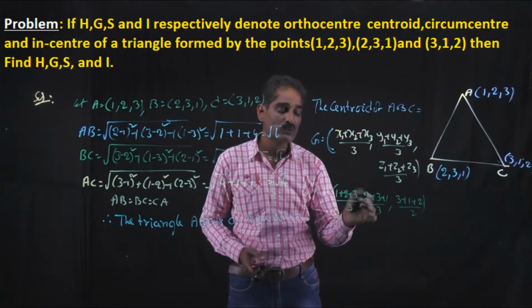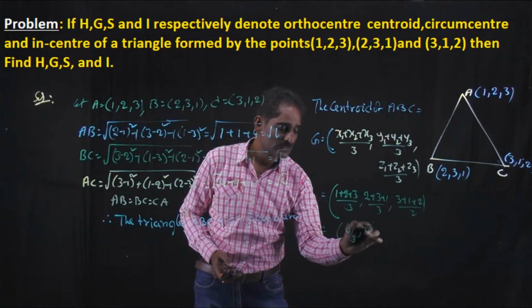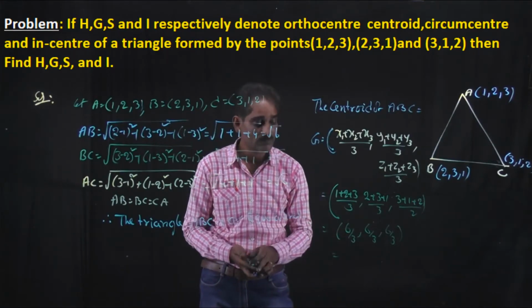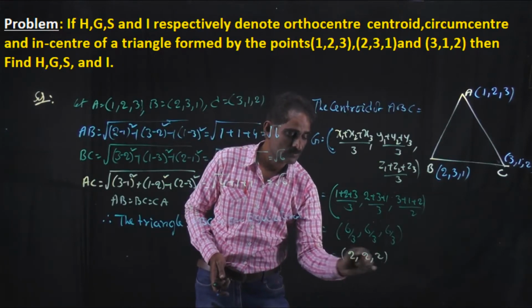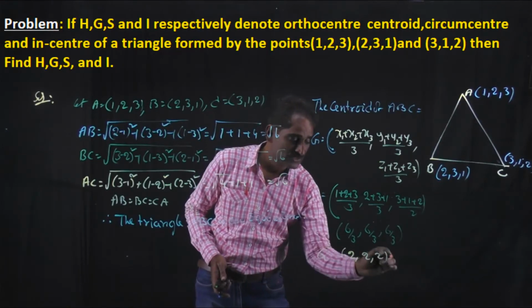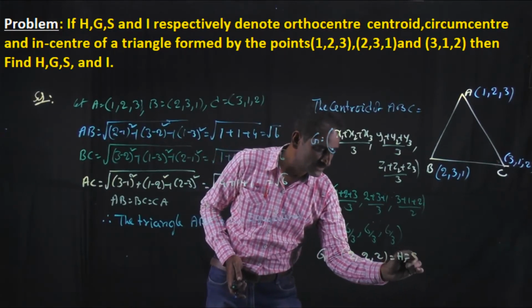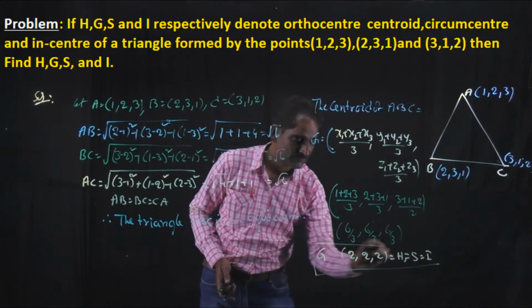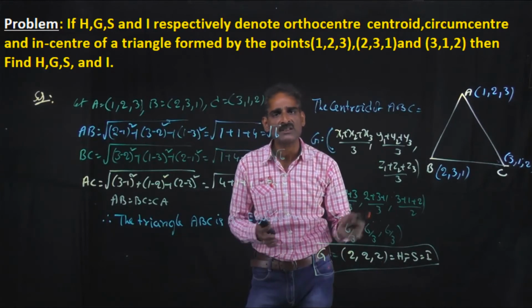So 6 by 3, 6 by 3, 6 by 3, that is equal to 2, 2, 2. This is the centroid. This is also equal to circumcenter, orthocenter, incenter. In an equilateral triangle, circumcenter, orthocenter, centroid, incenter coincide.